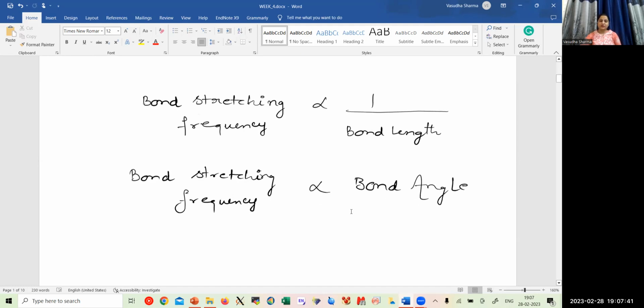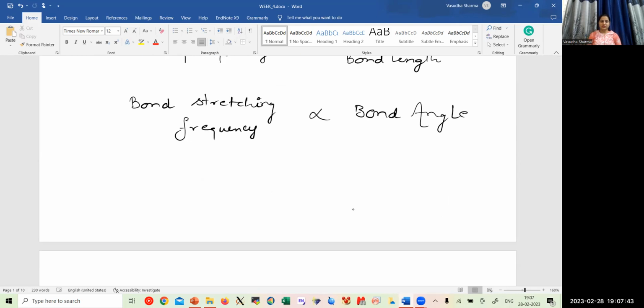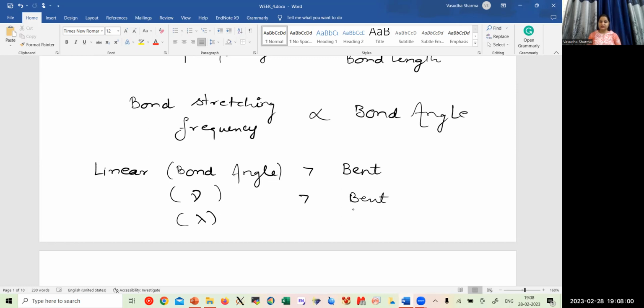That is why, generally, in the case of linear, the bond angle is greater than bent, so the frequency is greater than bent and the length is smaller than bent. These are the things we need to note.